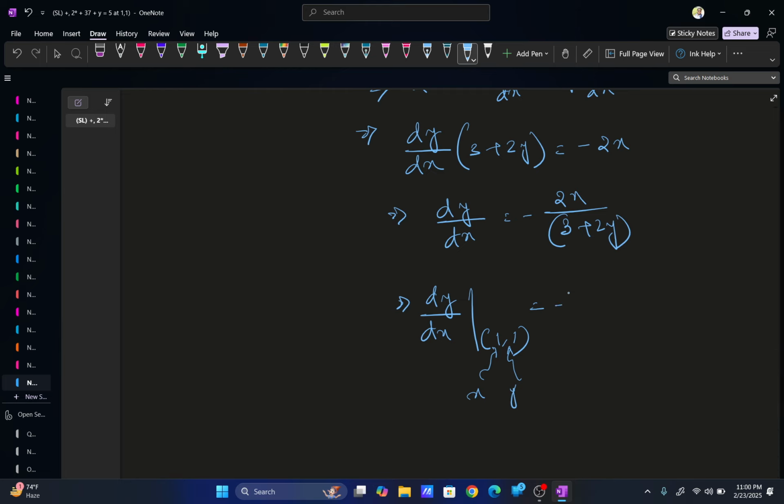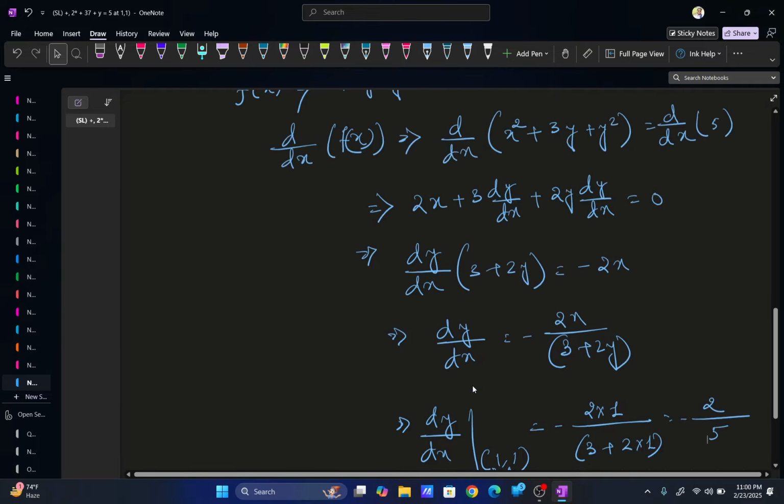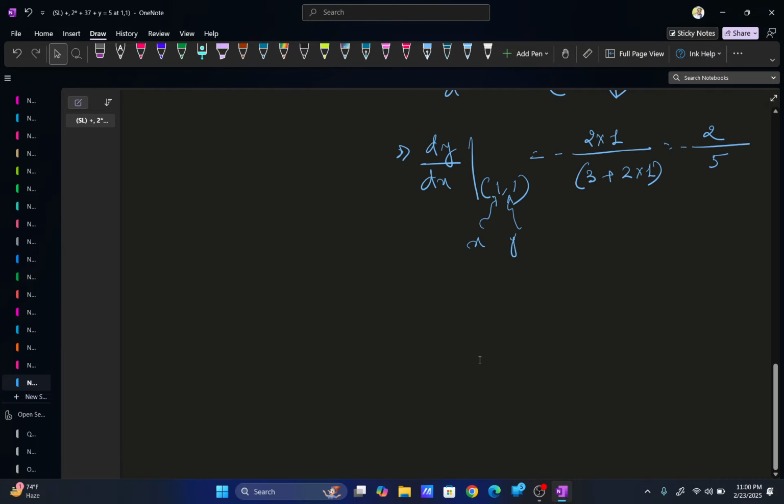This is a very useful move for this type of question. Minus 2 into 1 over 3 plus 2 into 1, so the slope of the tangent is basically minus 2 by 5. Very simple question.